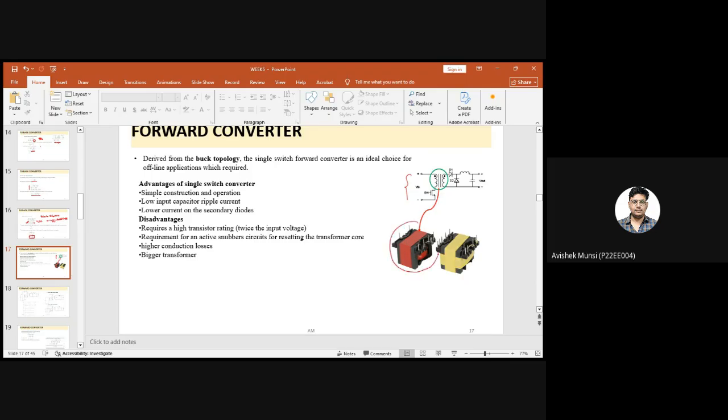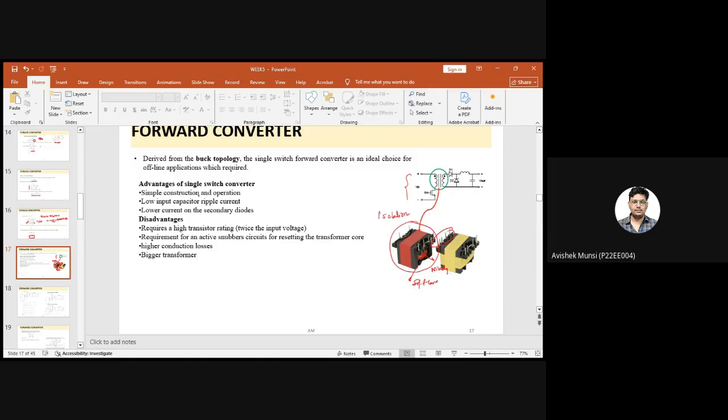This is the isolation transformer. This type of transformer is used in flyback also. The isolation transformer has a heavier core. This is the soft core, and they have windings inside it. Okay, and these are the leads. Okay.